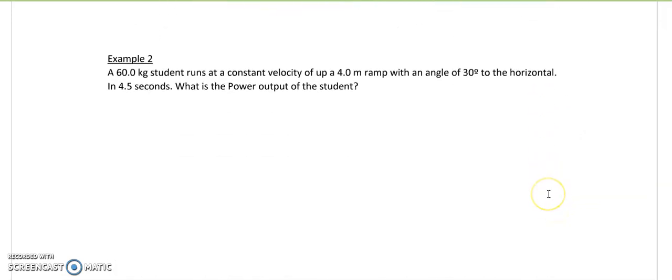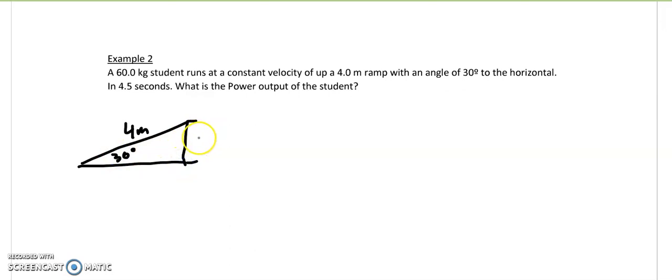Let's take a look at this next example. A 60 kilogram student runs up at a constant speed a 4 meter ramp, angle of 30 degrees to the horizontal, in 4.5 seconds. What's the power output? Well, in this case, it's a 4 meter ramp at 30 degrees.